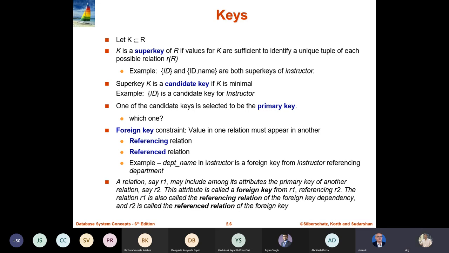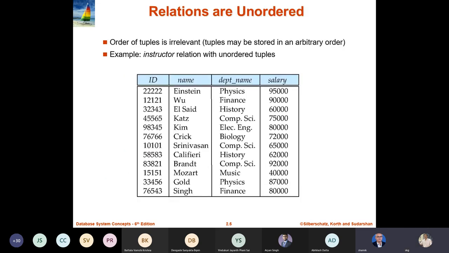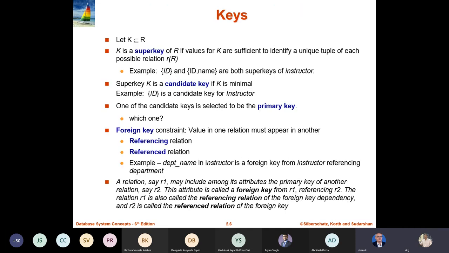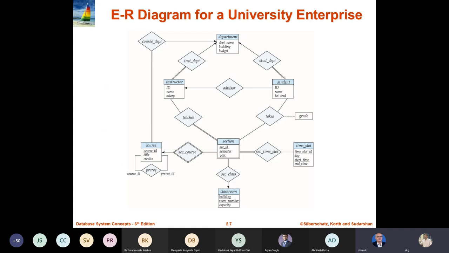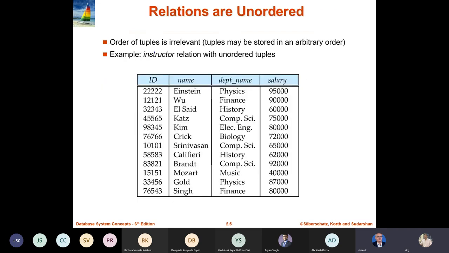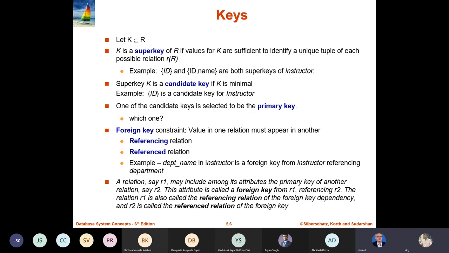In this case, ID is a super key because it can identify the tuple in a unique way, and any superset of this ID is also a super key, because that also uniquely identifies. ID and name is a super key, and ID, name and department name is also a super key. So I can have different sets of super keys.